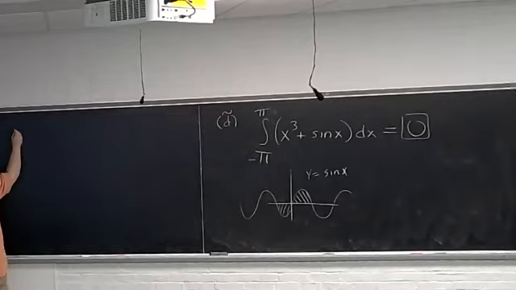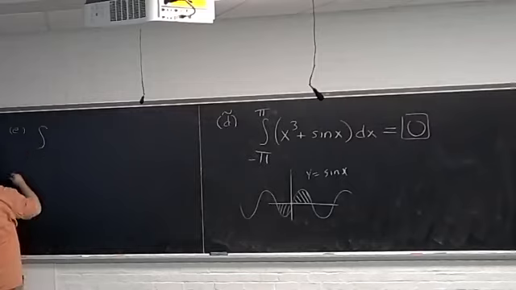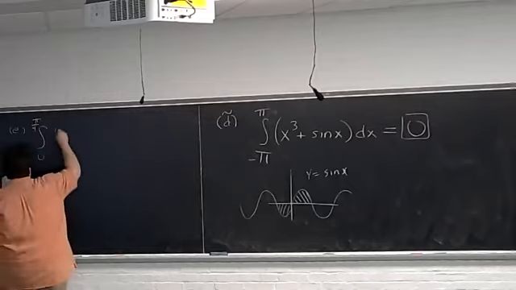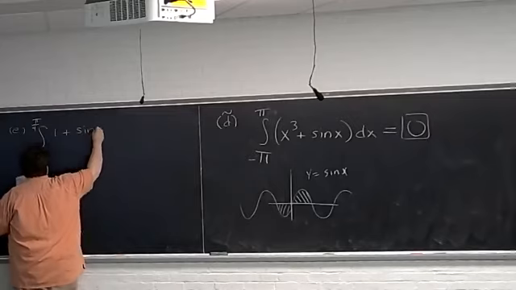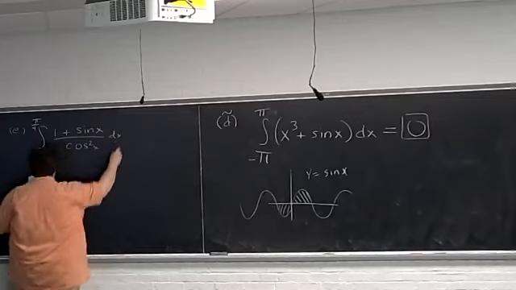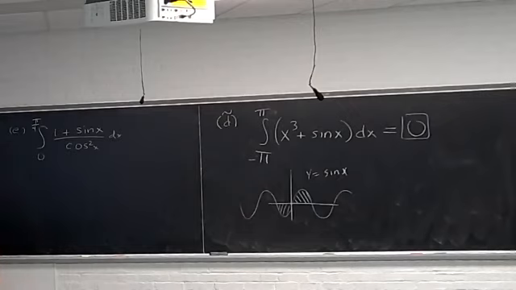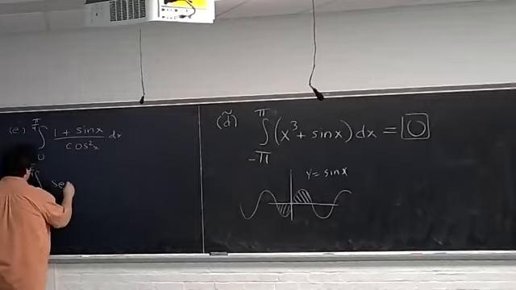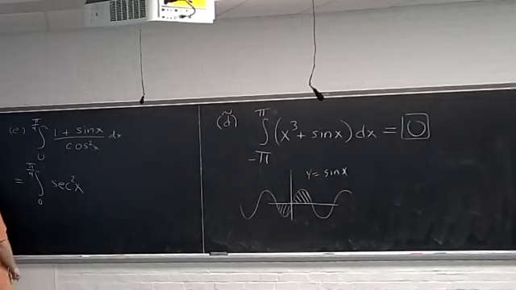Part E. Integral 0 to pi over 4, 1 plus sine x over cosine squared of x. Well, we can't do this piece by piece. But what we can do is split the fraction. 1 over cosine squared is secant squared of x.